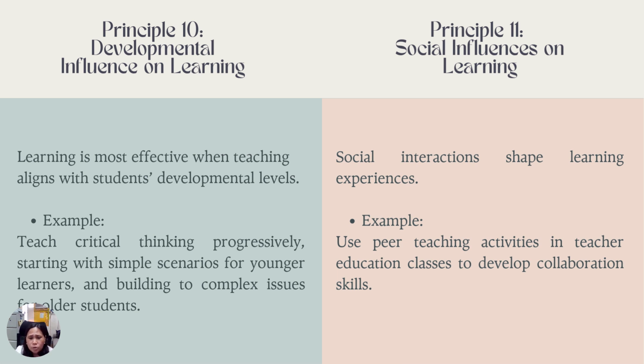Social interaction plays a key role in how students learn and internalize knowledge. Group activities and peer discussions allow students to exchange ideas and gain new perspectives. Supposing in an English class, students can work in literature circles where each group member takes a role.